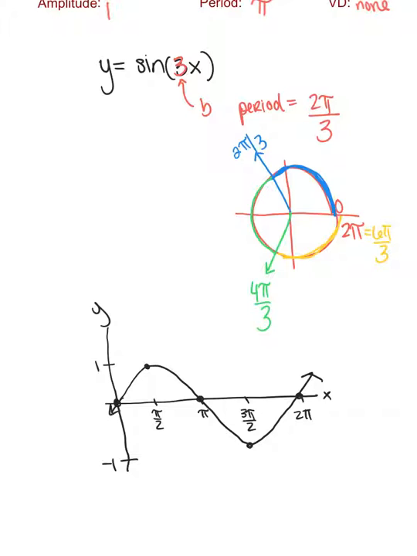So this is my parent function. So now what I see happening is I'm going to have one of my cycles ending at 2 pi over 3, which is here. My second cycle is going to end at 4 pi over 3, which is here. And my last cycle will end at 2 pi.